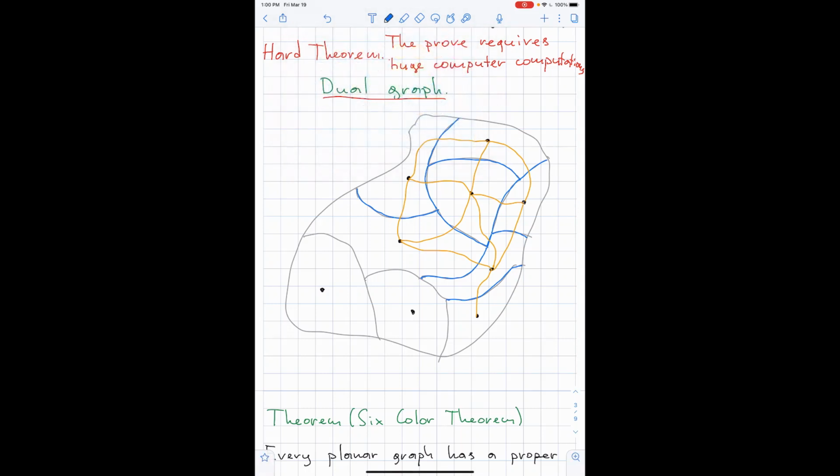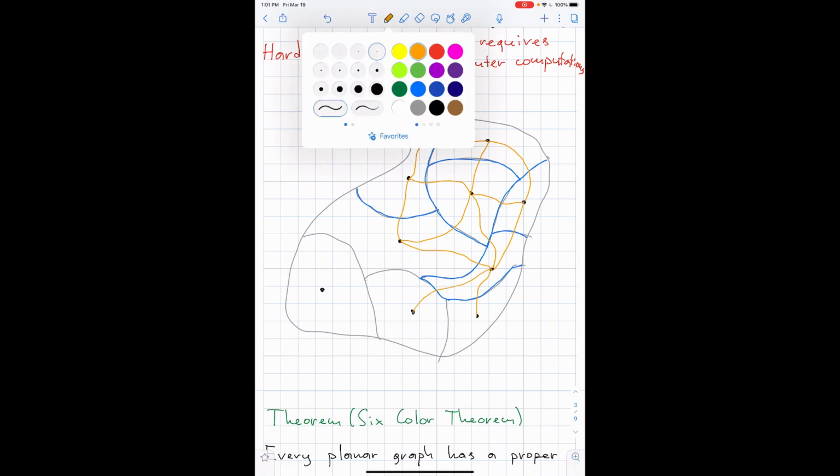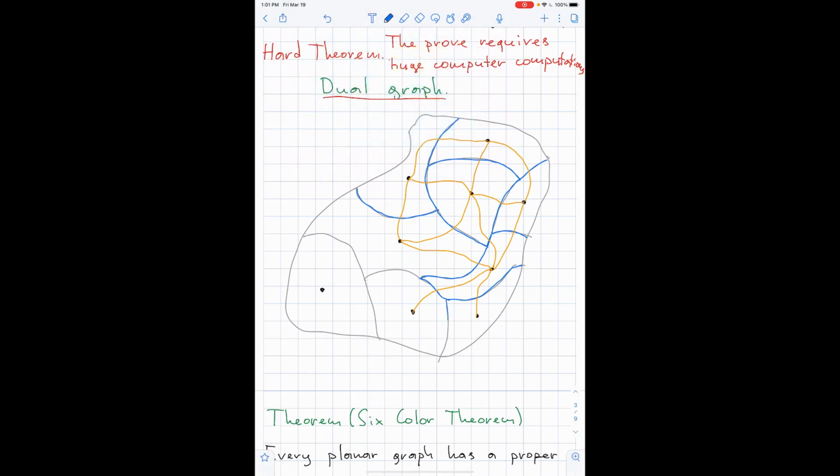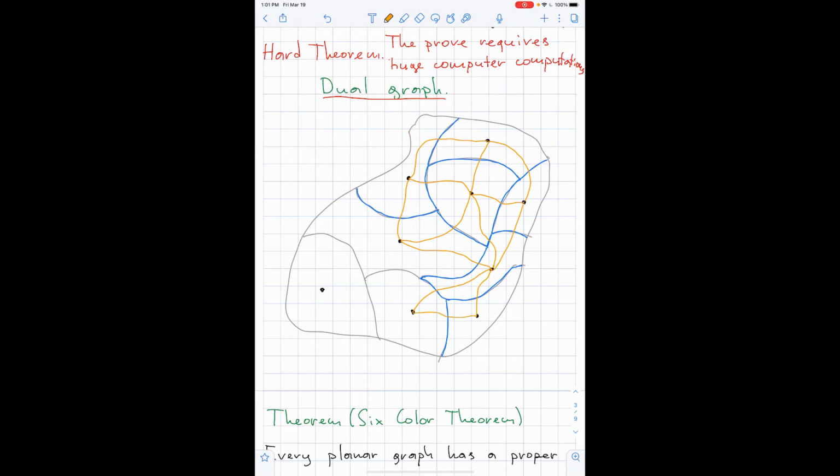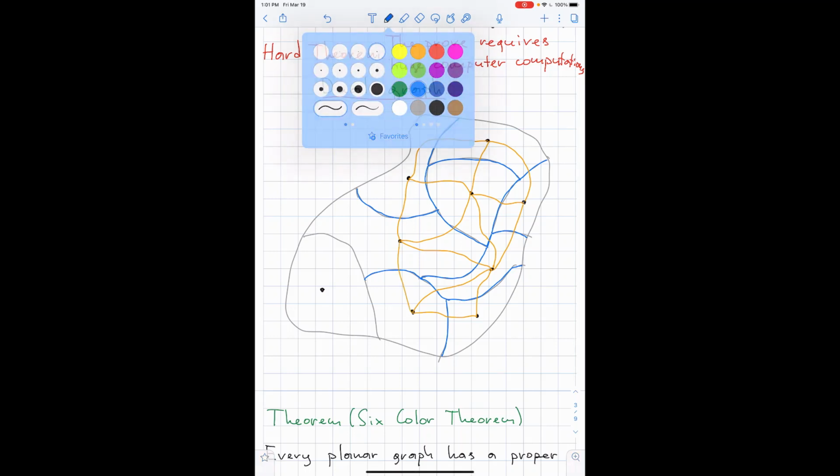And then this piece. And, well, just a little bit more. We connect these two vertices, and two final pieces of the boundary.